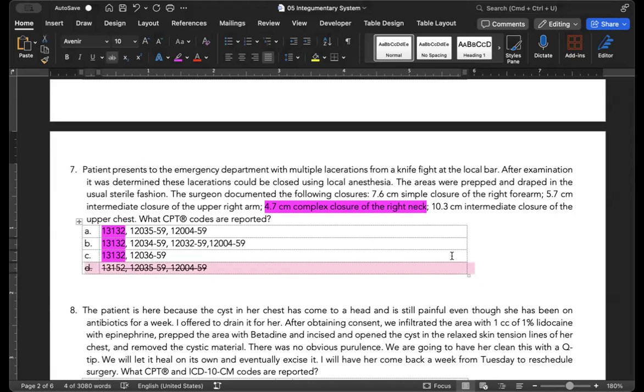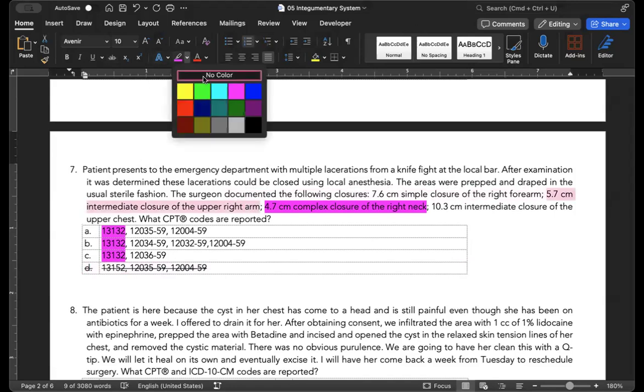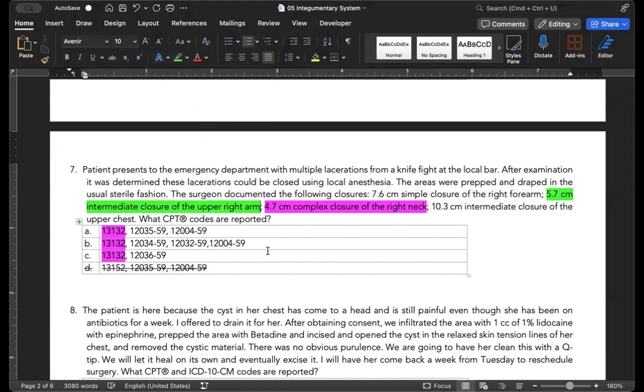Now our intermediate closure. We have a 5.7 centimeter intermediate closure here. And then we have a 10.3 on the chest. So which one of these two should we list first?